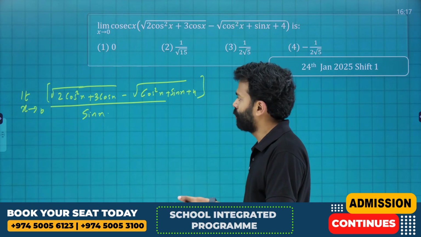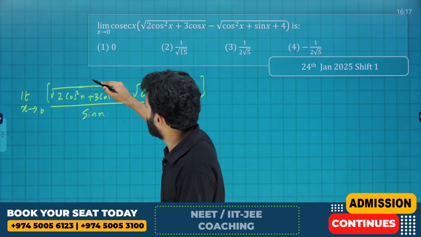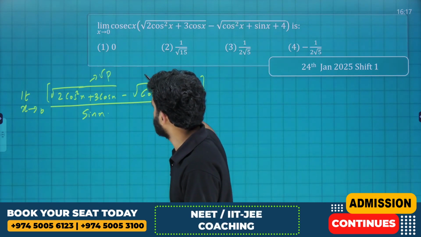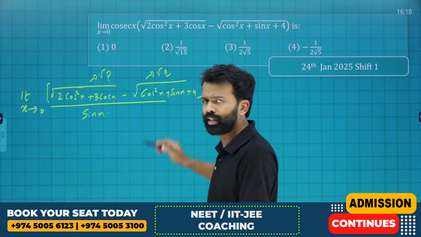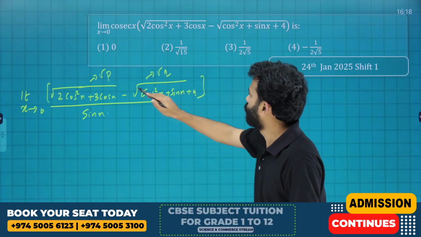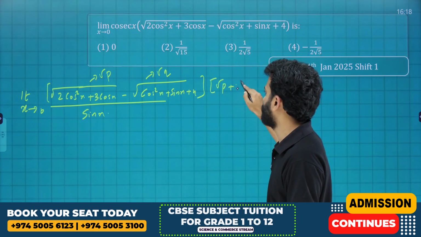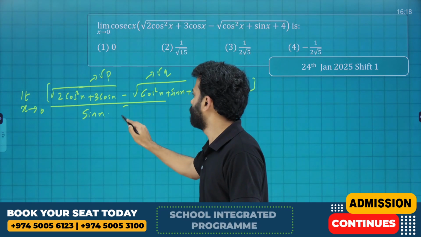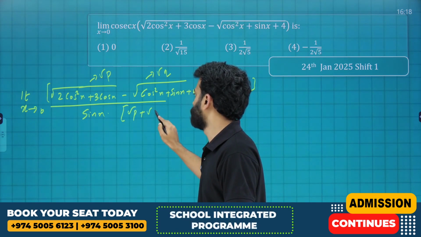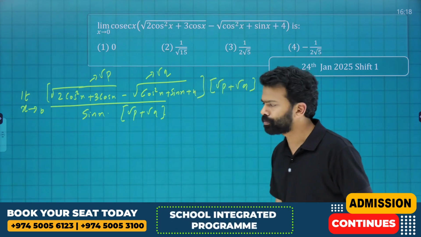It will be a lot to write, so for the sake of writing, I'm substituting the first as root p and the second as root q. So it will be root p minus root q, and their corresponding conjugate will be root p plus root q. Here also it will be root of p plus root of q. Hope you got the idea here.